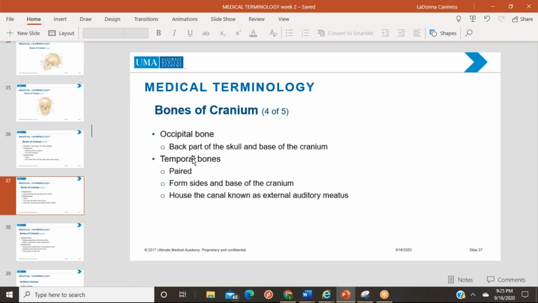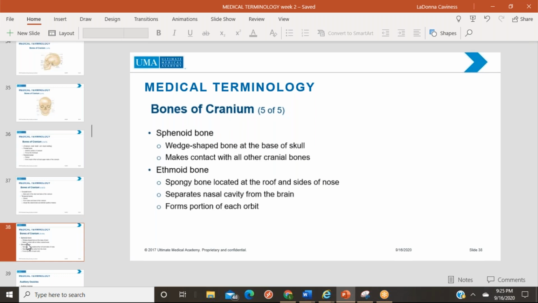Here on this side, you have the occipital bone, the back part of the skull and the base of the cranium. Then you have the temporal bones, paired, which form the sides and base of the cranium and house the canal known as the external auditory meatus.